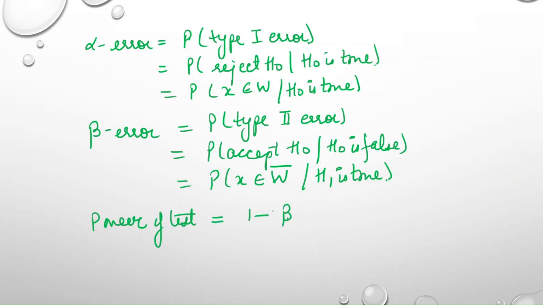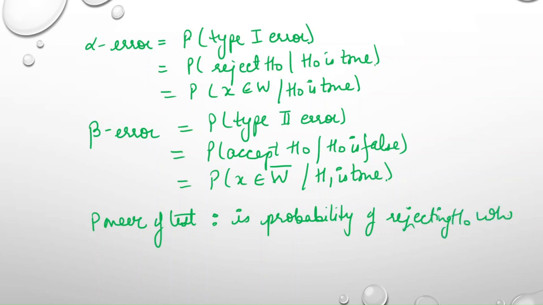Let me first write its definition. Power of a test is the probability of rejecting H naught when H1 is true. So power of a test is defined as 1 minus beta.